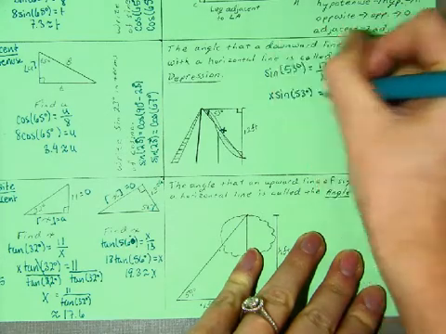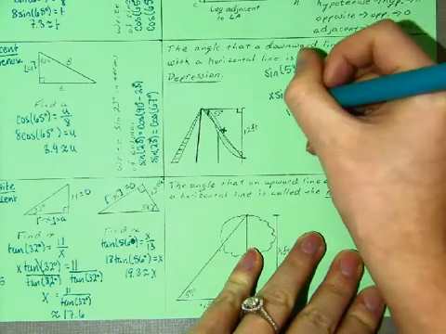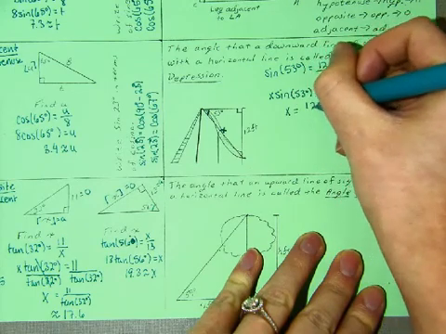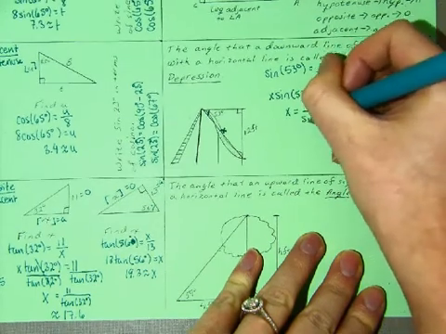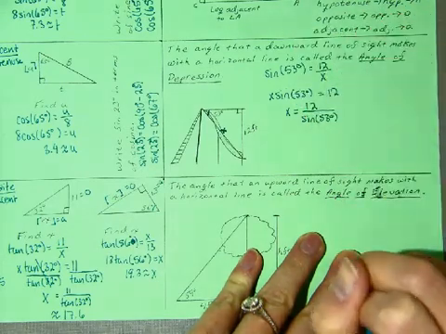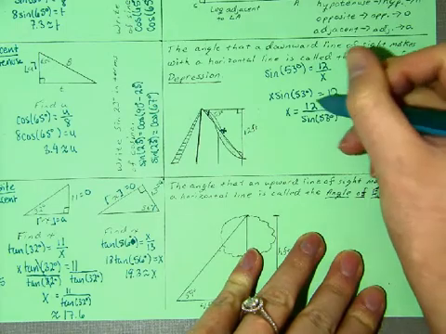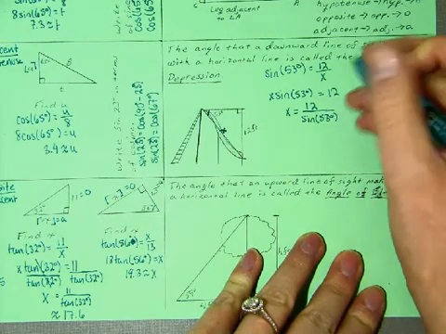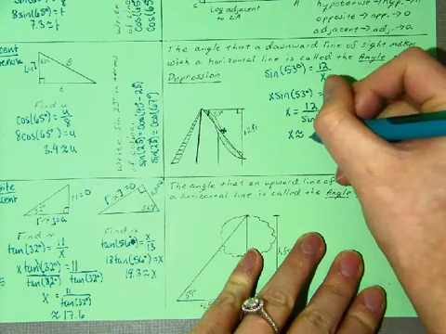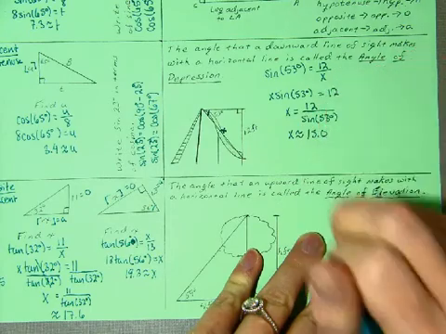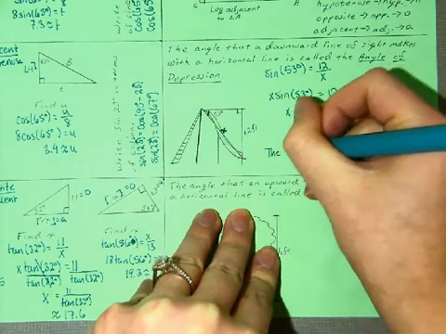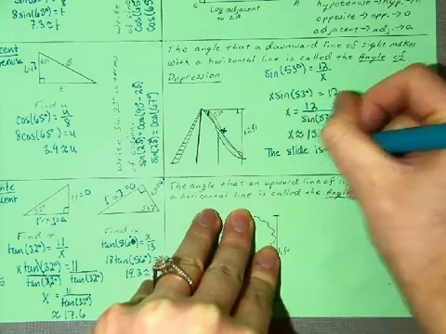Then I'm going to divide both sides by sine of 53 degrees. So I get x equals 12 over sine of 53 degrees. So I just divided both sides. And then when I plug this into my calculator, I'm going to get that x is approximately 15. So this tells us that the slide is 15 feet long.